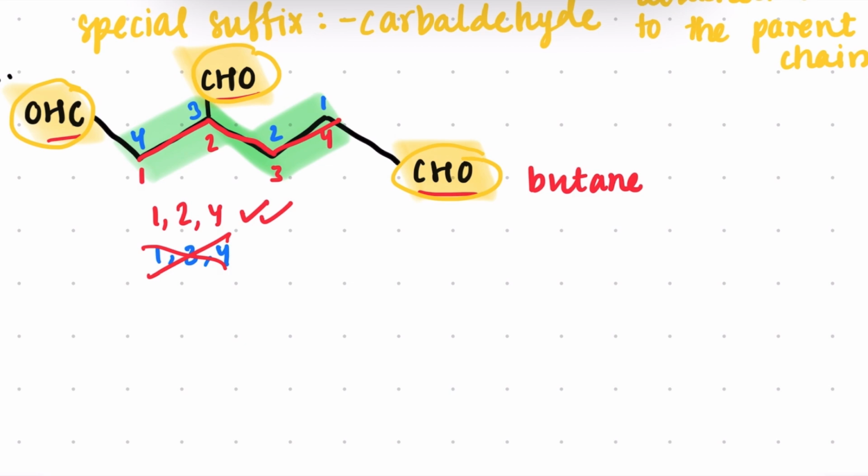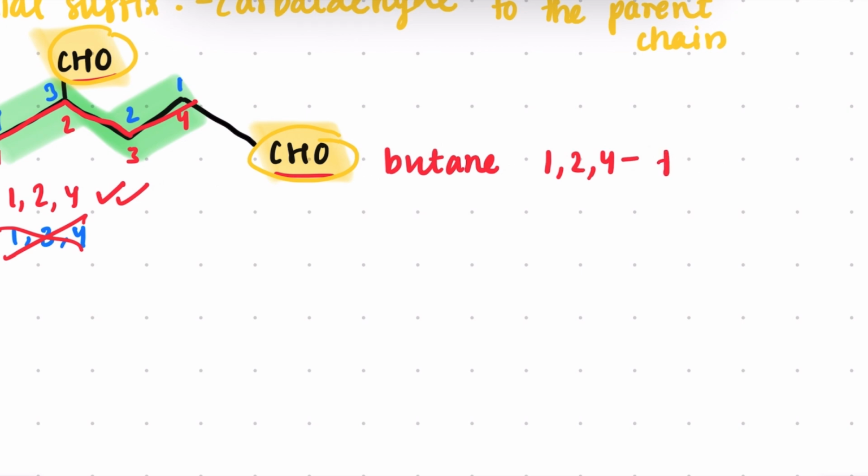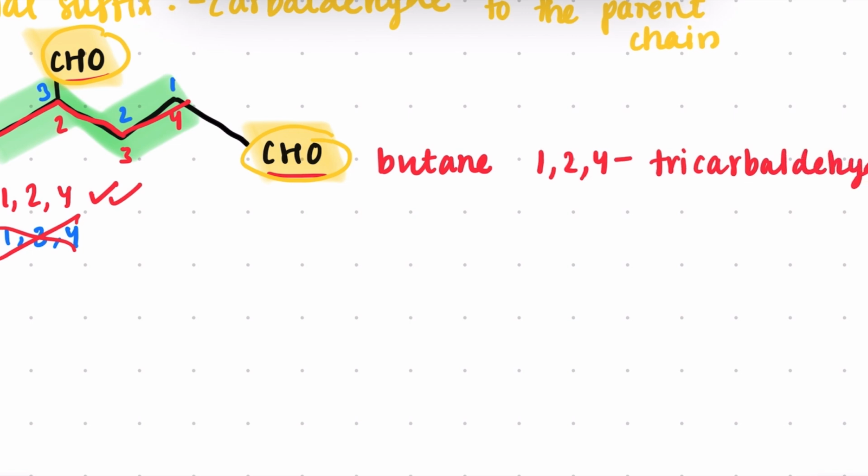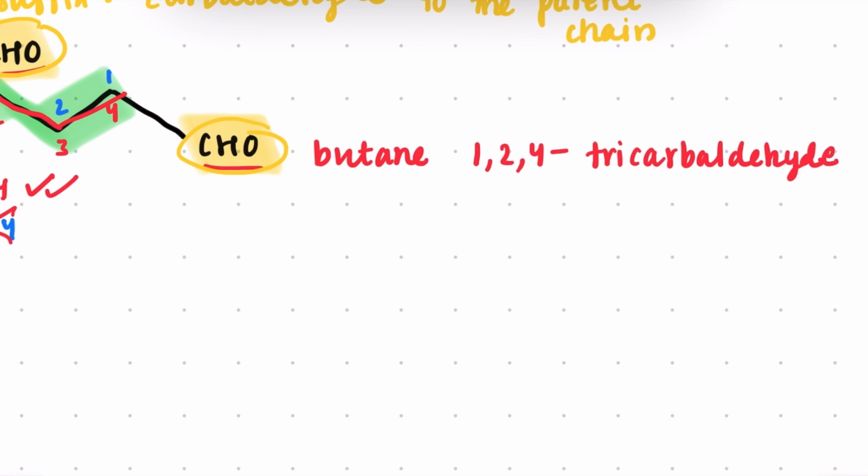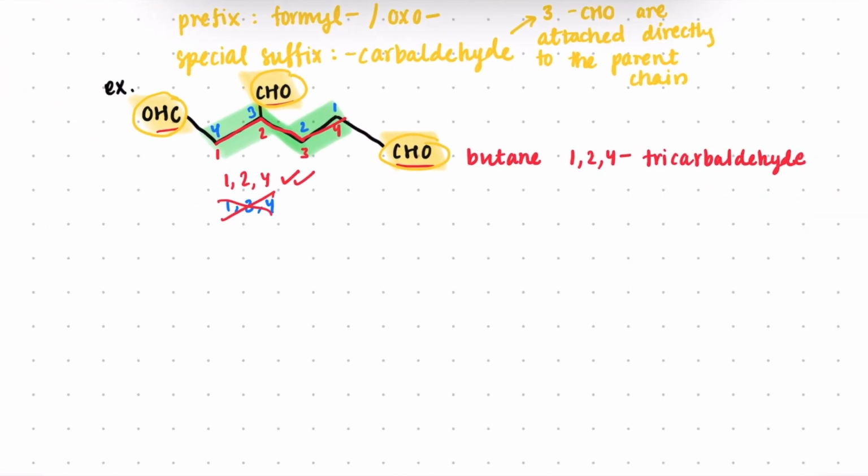So what we're going to do is we're going to write butane 1, 2, 4, and since there are 3 CHO groups, we're going to write tricarbaldehyde. So that's the IUPAC name of this compound right here. And that's an example of how we would use our special suffix of carbaldehyde.